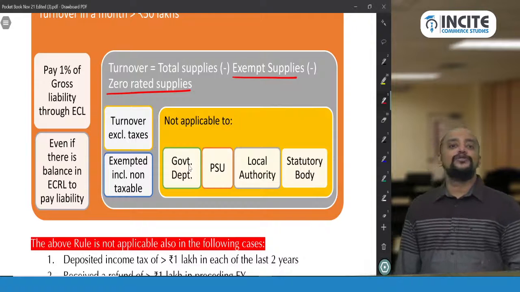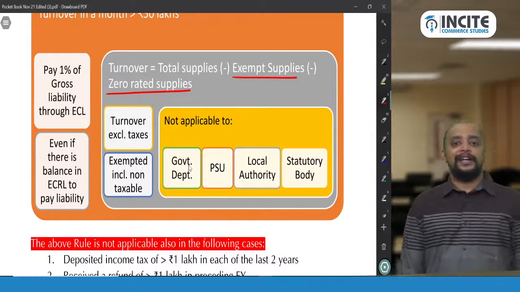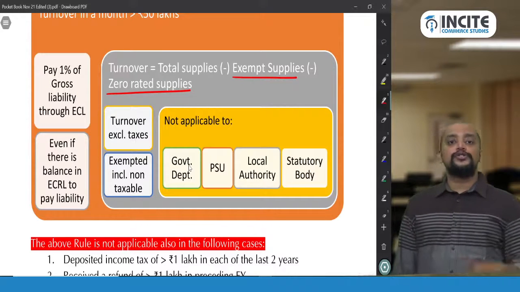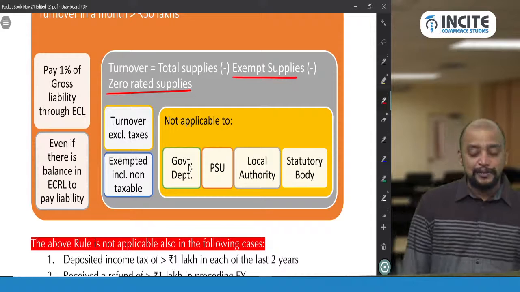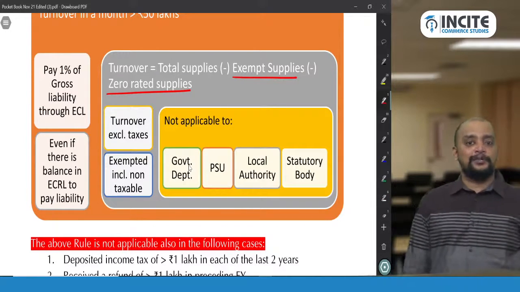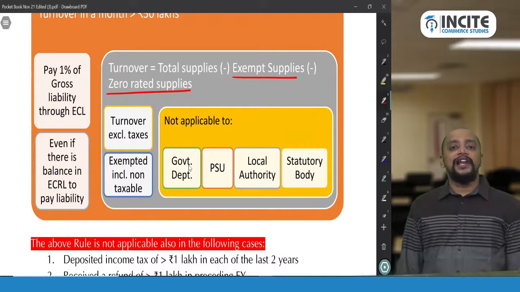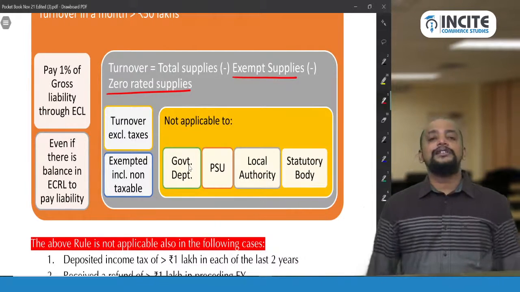Exempted supplies include non-taxable supplies, so that will also not come. Even taxes should not be taken into turnover. So you should not take taxes, non-taxable supply, exempted supply, or zero rated supply. The remaining turnover you see in that particular month, if it is crossing 50 lakhs, definitely that month this 86B will be attracted. So what do they need to do?